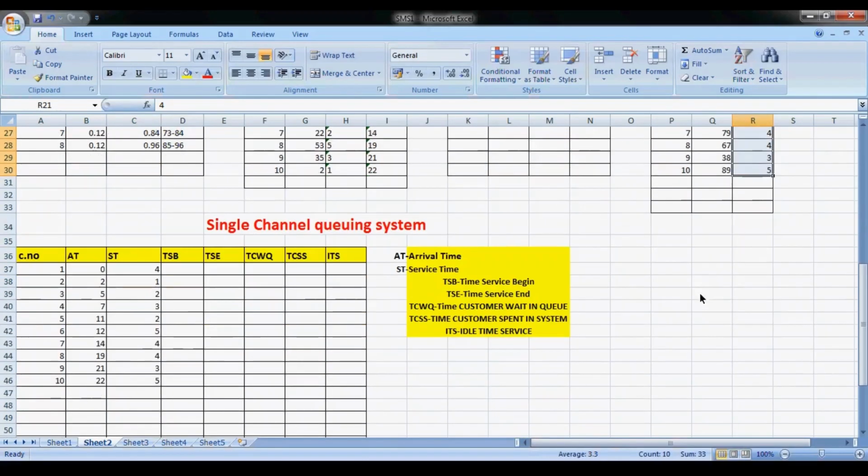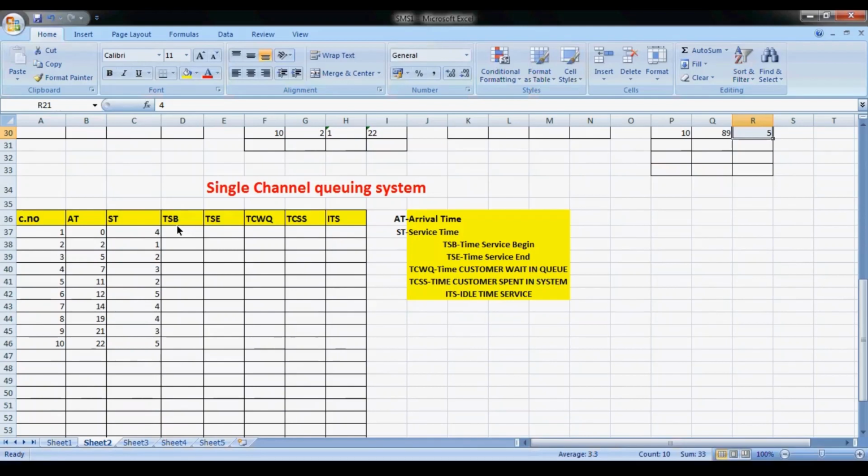Okay, now we need to find out TSB, nothing but time service begin, TSE, nothing but time service end, TCWQ means time customer waits in a queue, TCSS means time customer spent in the system, ITS nothing but idle time of the server. So time service begin for the first customer is, see the arrival time 0, so time service begin is 0.